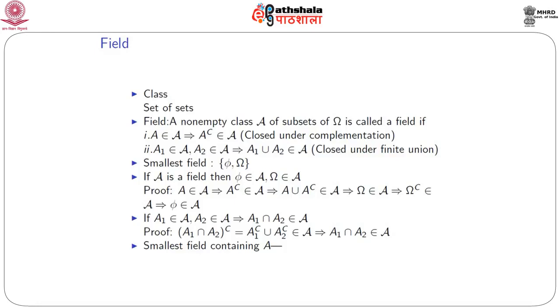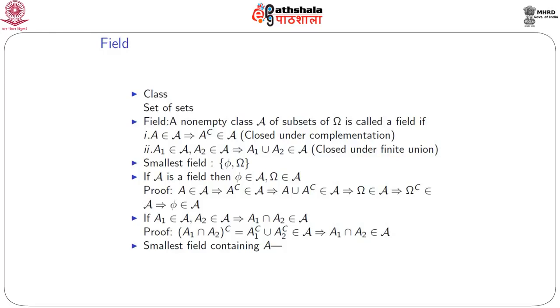Now, if script A is a field, then phi belongs to script A and omega belongs to script A. For any field, these are two elements which will always be there. If A belongs to script A, then A complement also belongs to script A, because script A is closed under complementation. It is closed under finite union too. So, A union A complement will also belong to script A, and A union A complement means the universal set.